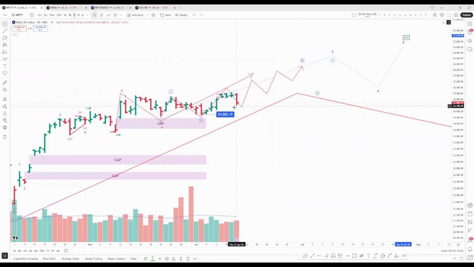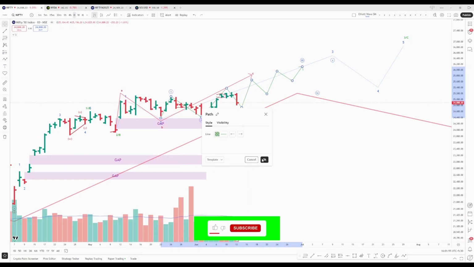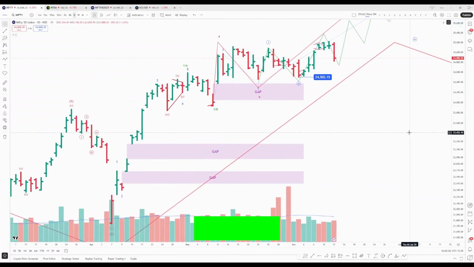So basically what we were thinking of as a 5 wave structure will become a 9 wave structure. So 1, 2, 3, 4, 5, 6, 7, 8, 9, and then 3 will be complete, and then 4 and 5, right? So that is the other alternative. Let me mark it in a different color. And this is the bullish alternative, right? So this is what I think is happening.